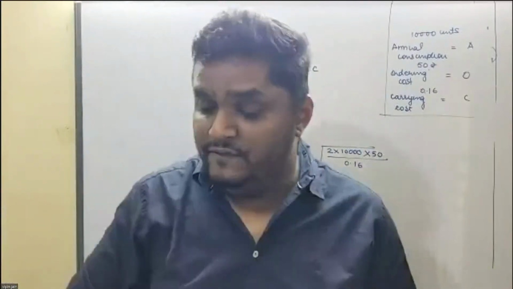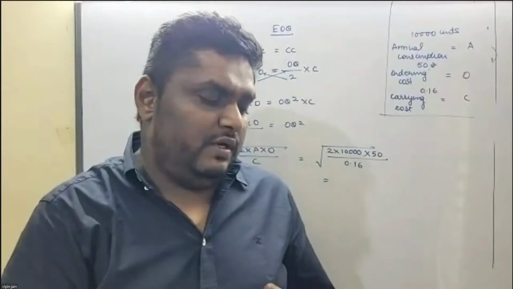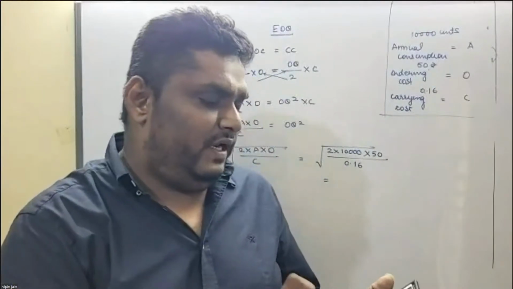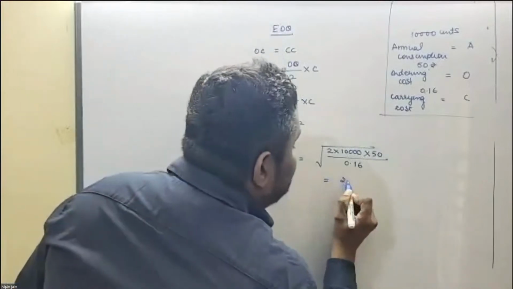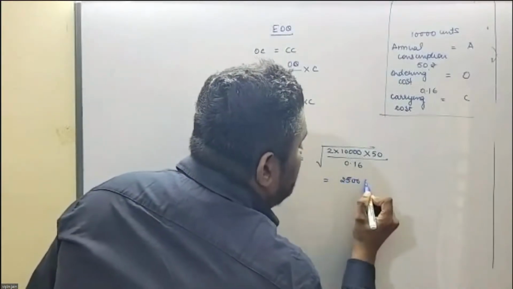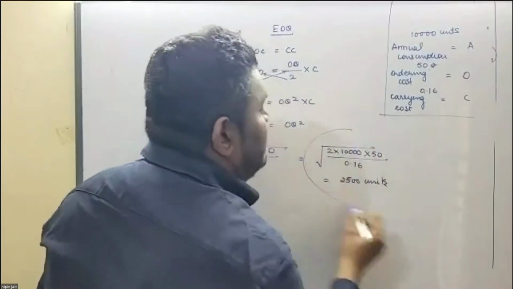If you solve this equation, 2 into 10,000 into 50 divided by 0.16 under root, the final answer will be 2,500 units. That is my EOQ.